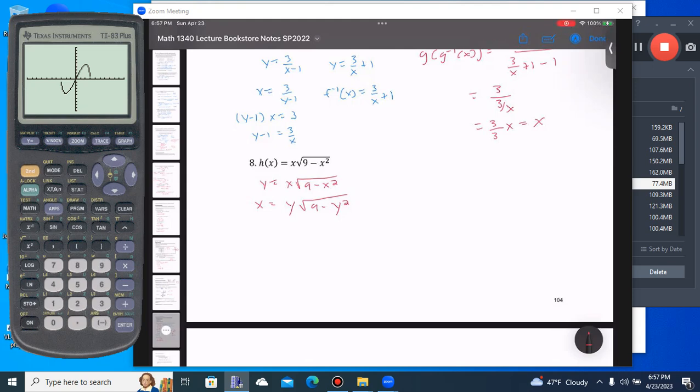And we see that if we draw a horizontal line at the top or the bottom, it's not passing the horizontal line test. That means that this is not one-to-one. So this is all we have to do. This is your inverse, and it's not a function. The inverse is not a function.